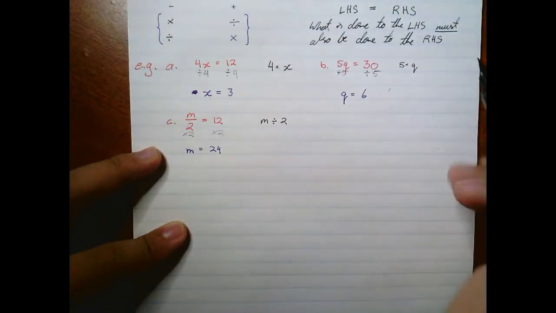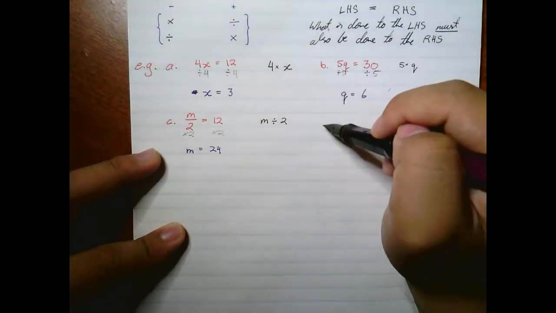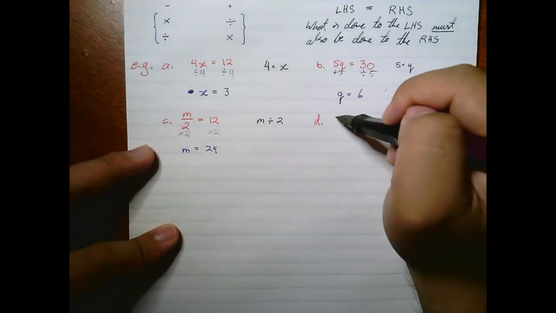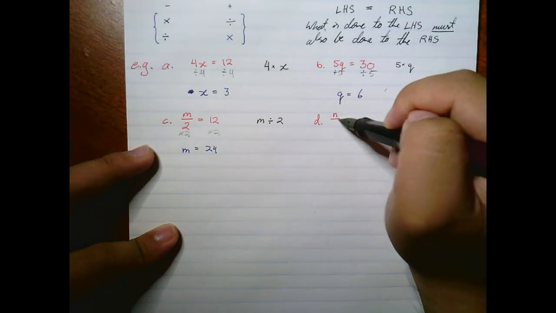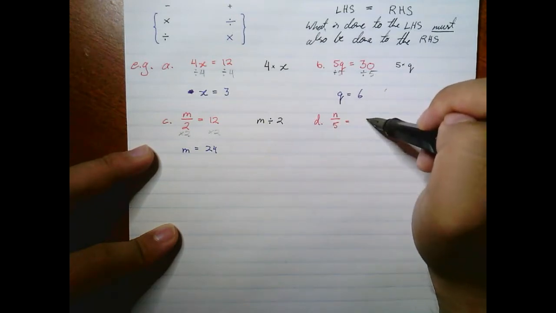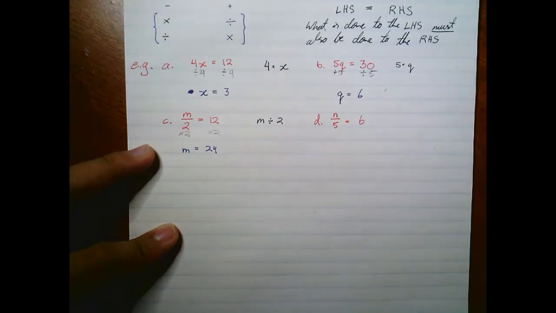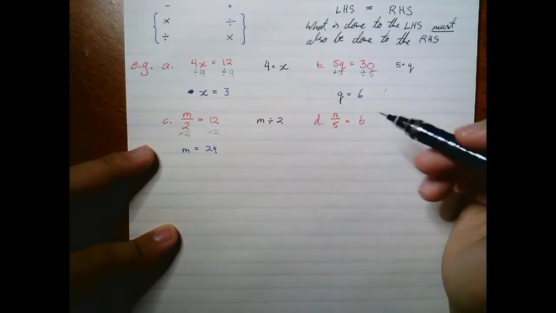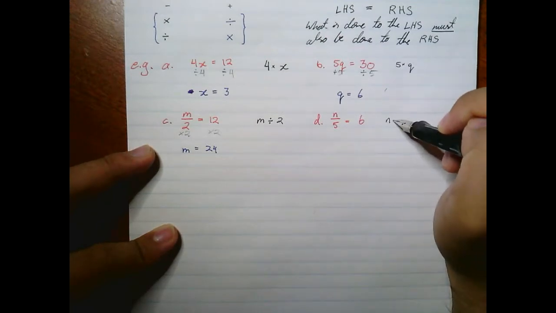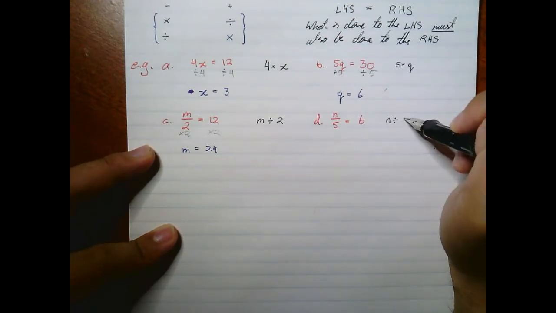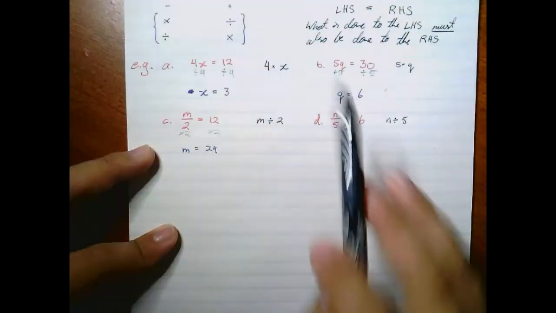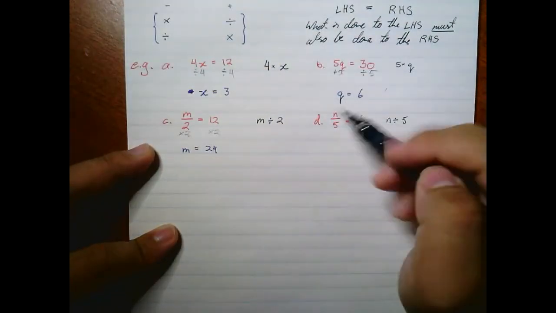Okay, let's do another example here. Example D. We have n divided by 5 is equal to 6. Once again, the inverse of this must be times by 5.